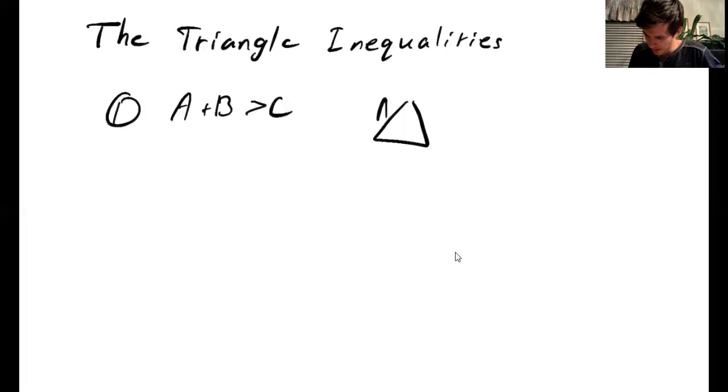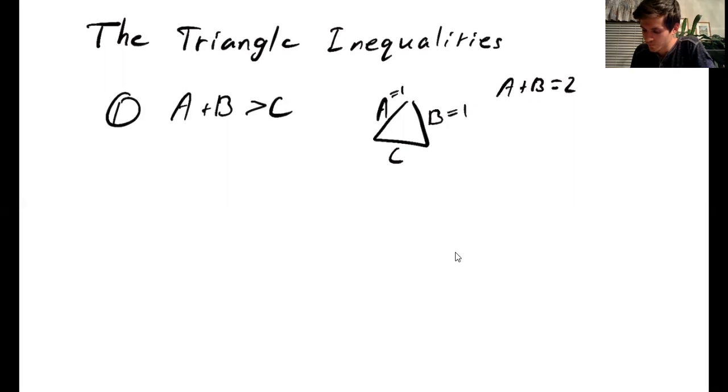So we have the sides A, B, and C. If you add A and B together, let's say B is of length 1 and A is of length 1, then A plus B is going to equal 2.